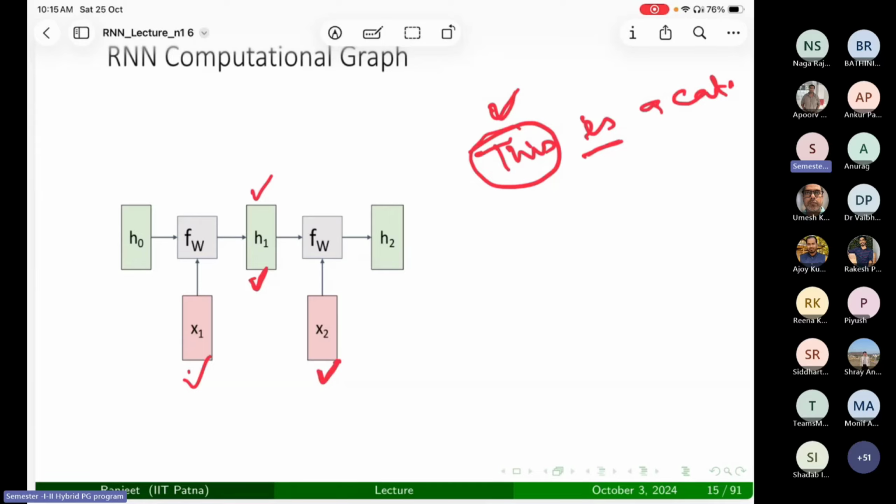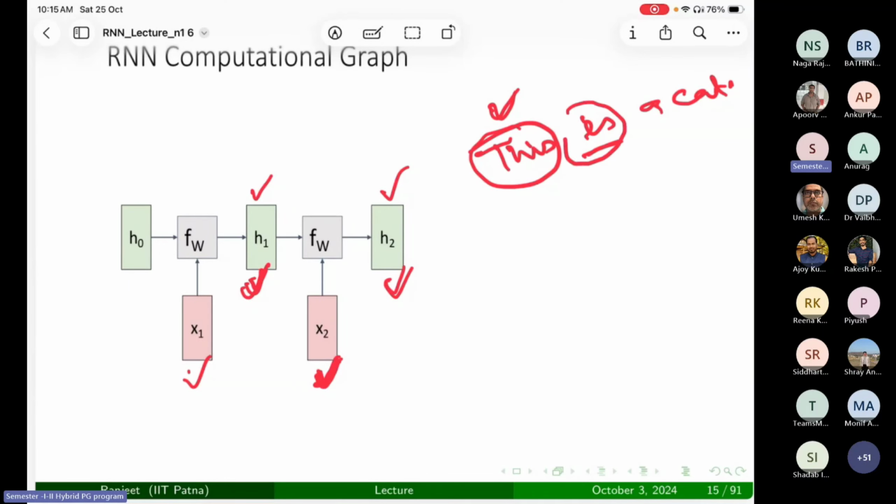If I ask you what is inside the h1, you can easily say, hey, in the h1 you have the information of this word. And then you have the information of "is" here, and with the help of this h1 and x2, you are going to generate h2, applying the same formula, that tanh in bracket and all those fully connected layers. Now that will give you h2.